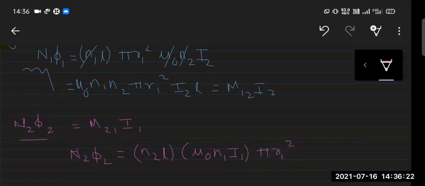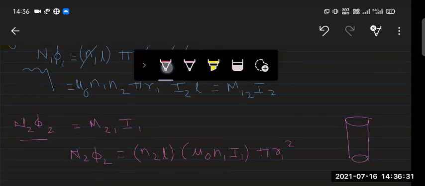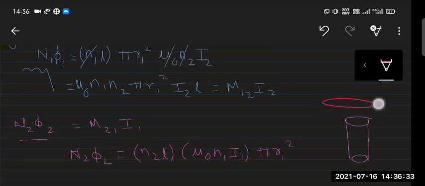Why pi R1 square? Because you have your cylinder of ice cream. If you take a bigger cone or bigger cylinder, the ice cream content is this much only, so the effective area will be that much only.